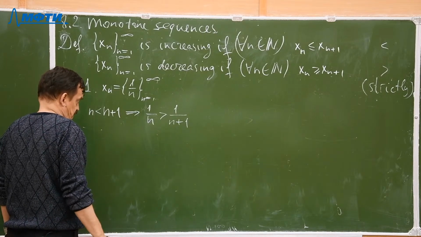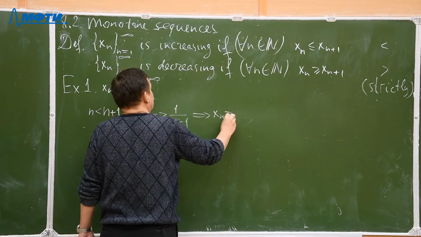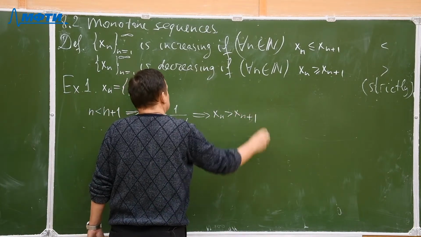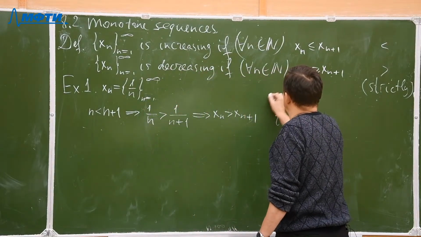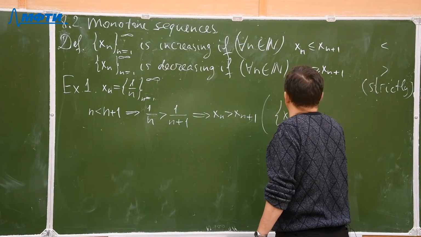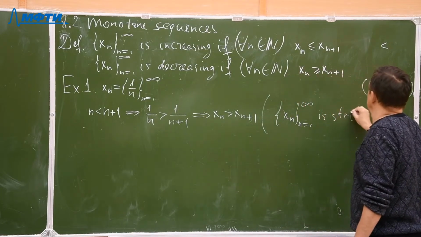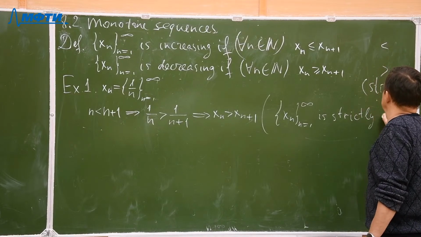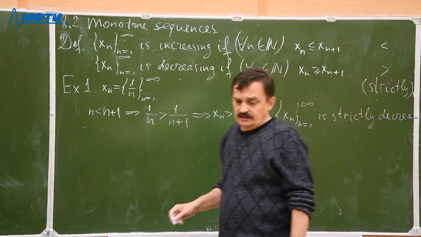And that is xn greater than xn plus 1, so it means xn is strictly decreasing. Example 2.